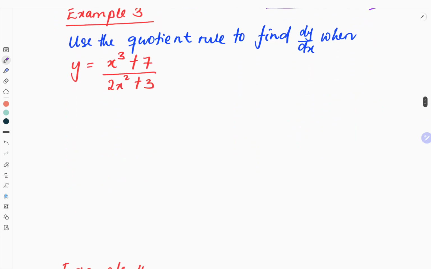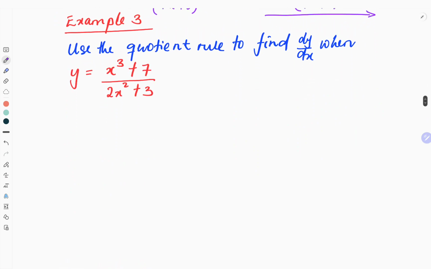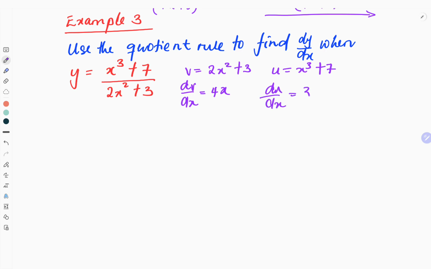In the next example, example number 3, we are asked again to use the quotient rule. So we do the same. v is equal to 2x squared plus 3, and our u is equal to x cubed plus 7, dv dx will be equal to 4x, and du dx is equal to 3x squared.